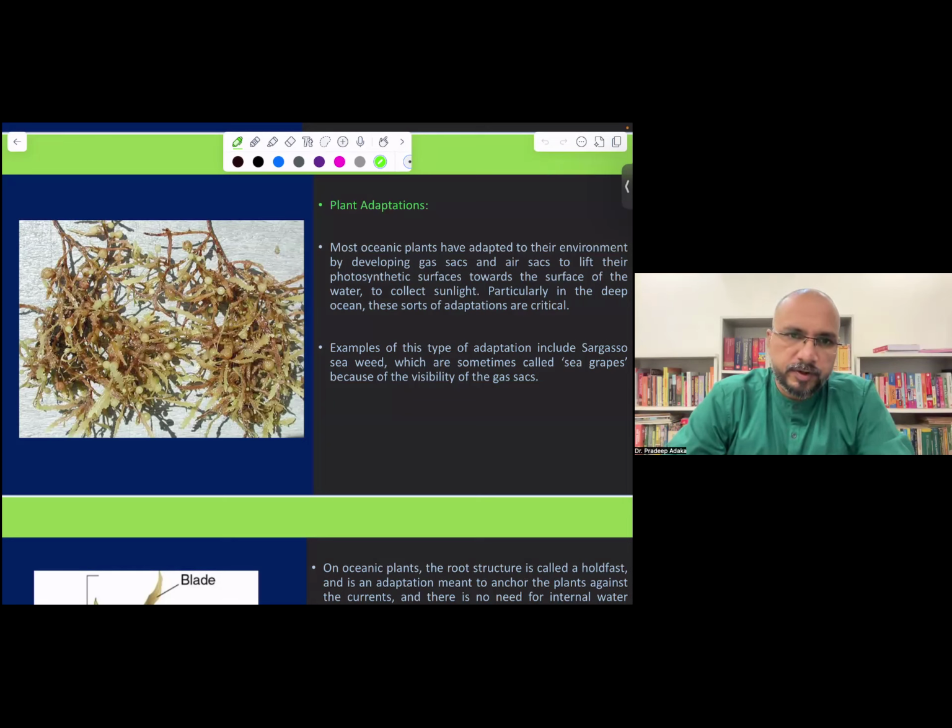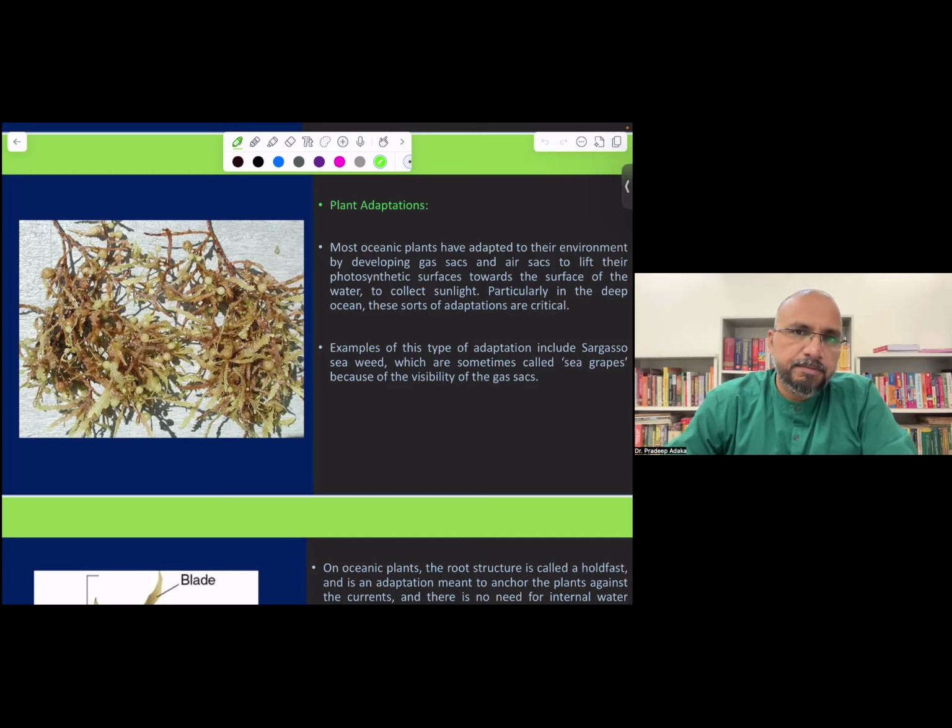Now we are moving on to plant adaptation. We'll be discussing plant and animal adaptations and threats. That is the last area left in the biomes. In the later part, we will start ecological succession. Okay, let us quickly go through it.